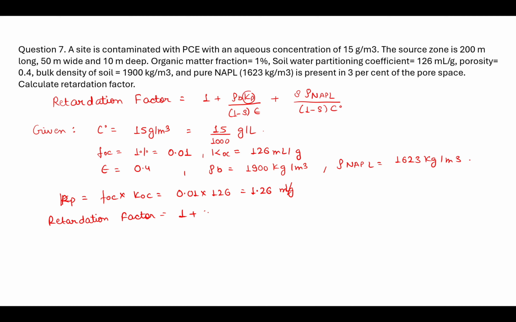So Kp is 1.26 into 1900 divided by 1000, divided by 1 minus S. S is the percentage of the pore space filled with NAPL, which is given as 3%, so that will be 0.03. So 1 minus 0.03 into epsilon, porosity, which is 0.4.